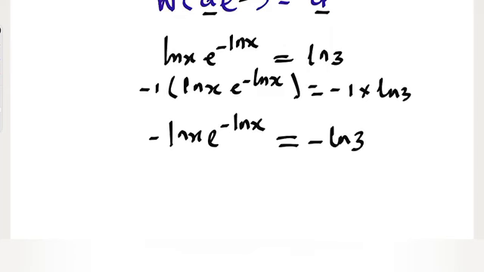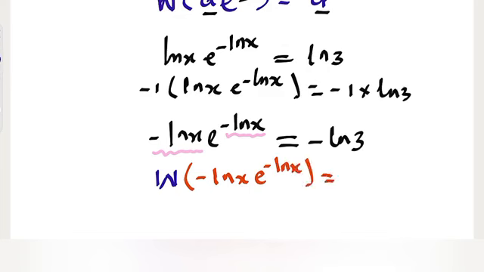So now from here, we can apply the Lambert W function, because we can see that here we have minus ln of x, and here we have minus ln of x. So now we can simply have W of minus ln of x e to the power of minus ln of x equals W of minus ln of 3.